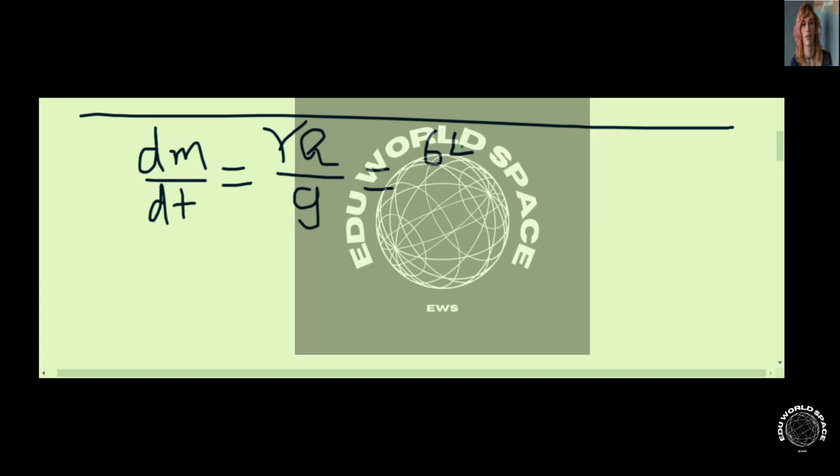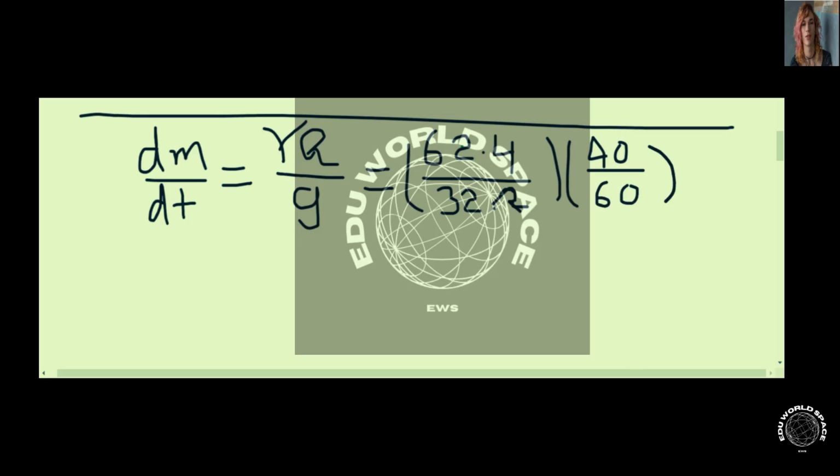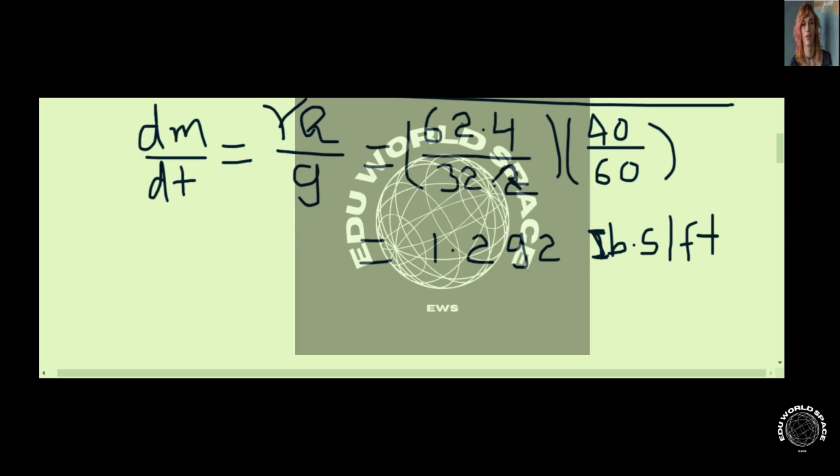So it is nothing but 62.4 upon 32.2 into 40 upon 60, which is equal to 1.292 pound second per feet. Okay, let's move towards the next step.